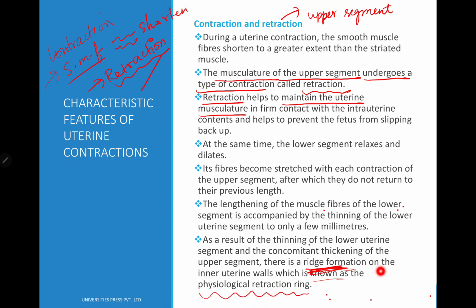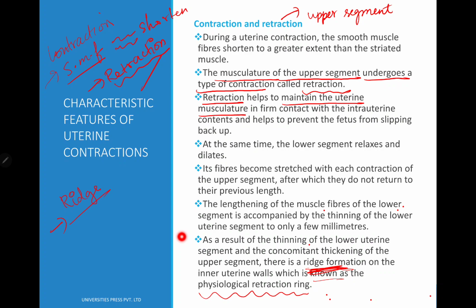Retraction is very important because it maintains the uterine musculature overall. The third thing you need to remember is the ridge formation, and this physiological ridge formation is known as the physiological retraction ring.